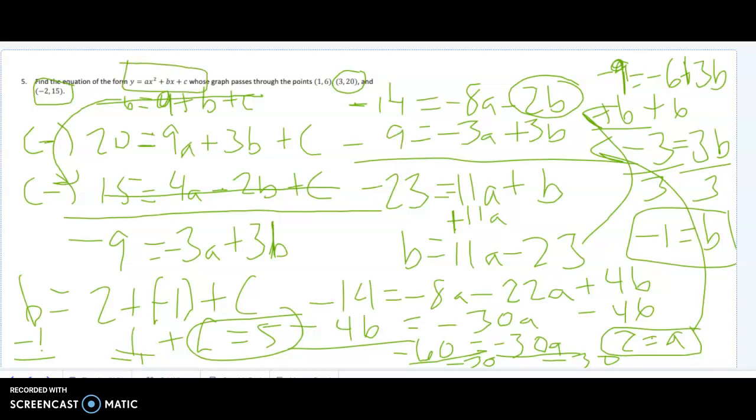So a is 2, so we'll have 2x squared. b is negative 1, and negative 1 times x is just negative x. c was 5, so let's just plug that in. And that is going to equal y. So that is our quadratic equation where all those points pass through.